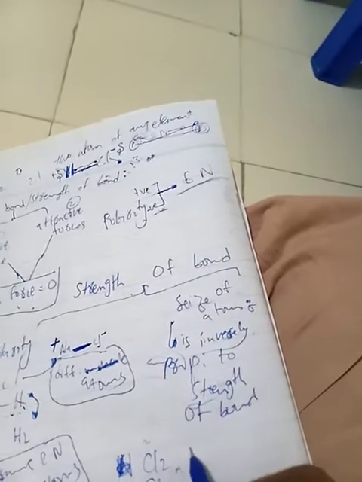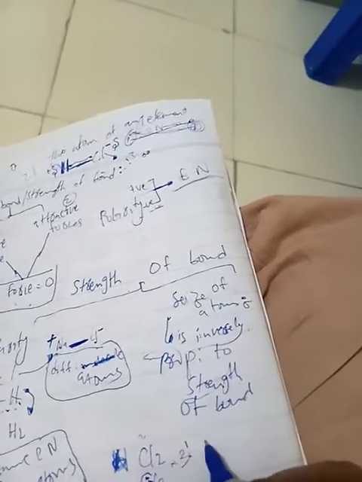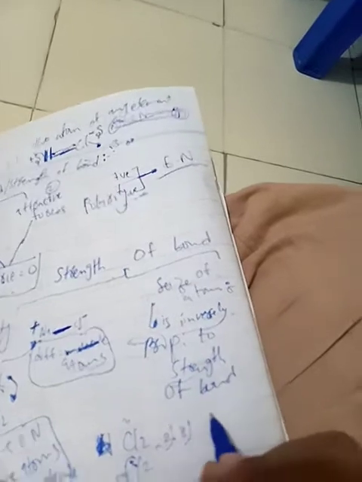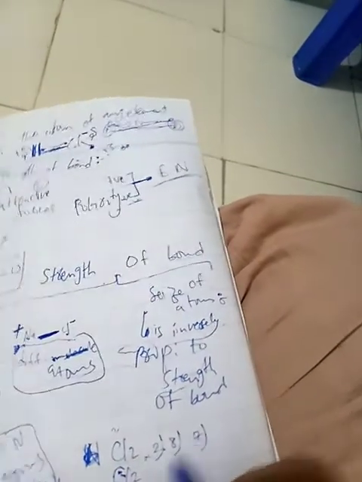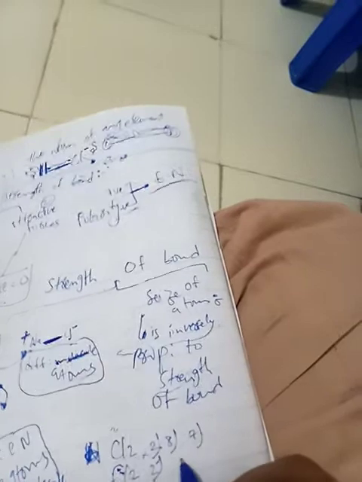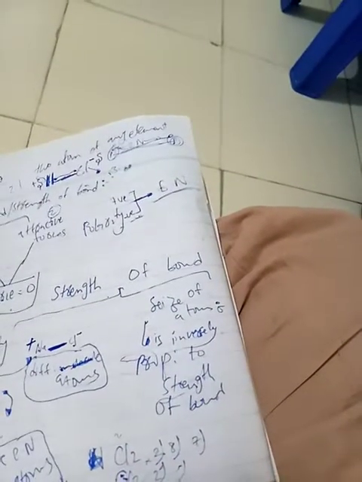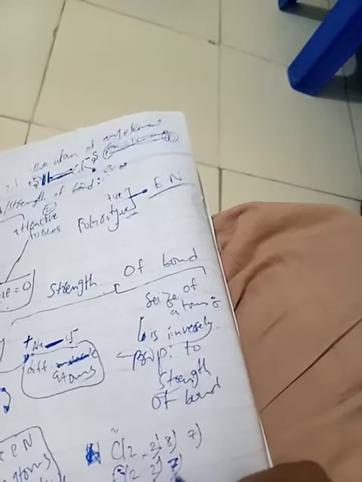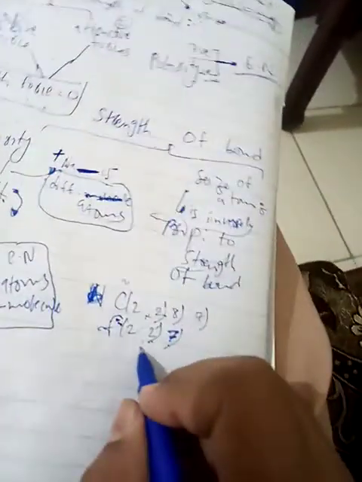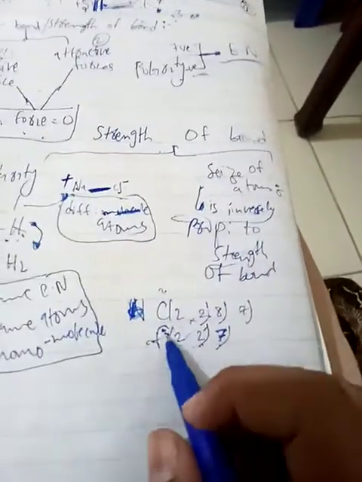Here we have the K shell, which contains 2, the L shell, which contains 7, and for chlorine the M shell contains 7 as well, so 2, 8, 7. Chlorine and fluorine both have 7 electrons in their valence shell.